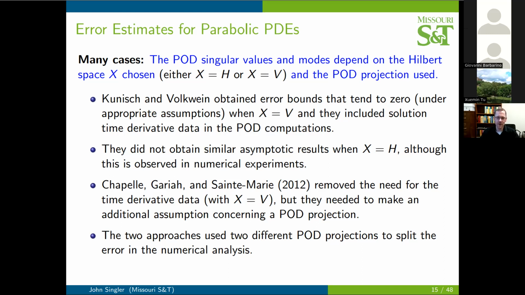That's something I'll come back to. They didn't have similar asymptotic results for the weaker Hilbert space, although they could see it in numerical experiments. Later, 10 years later, Chapelle and some others removed the need for this time derivative data in the same stronger space, but they had to make some additional assumption concerning a family of POD projections. In both of these approaches, the POD projection used was different.